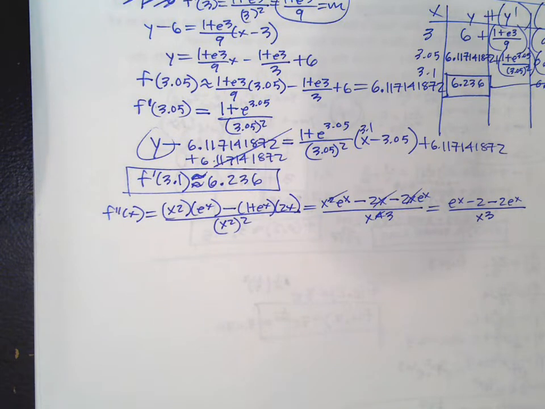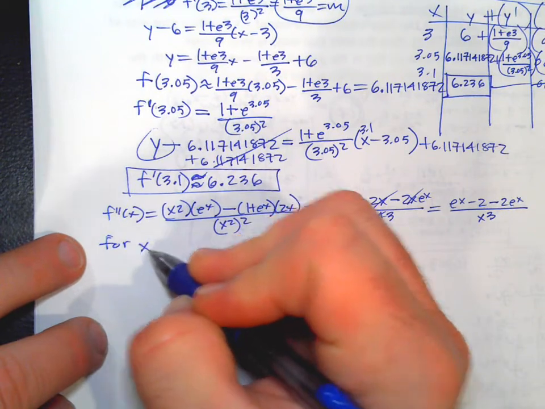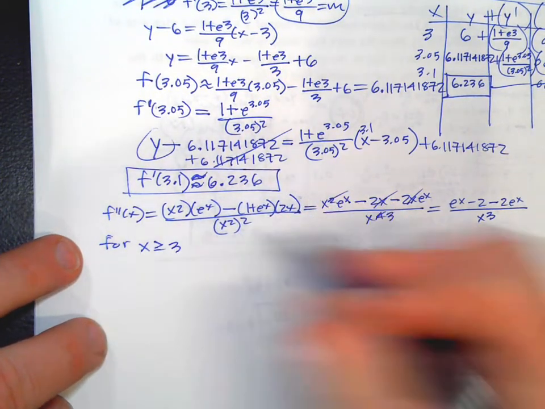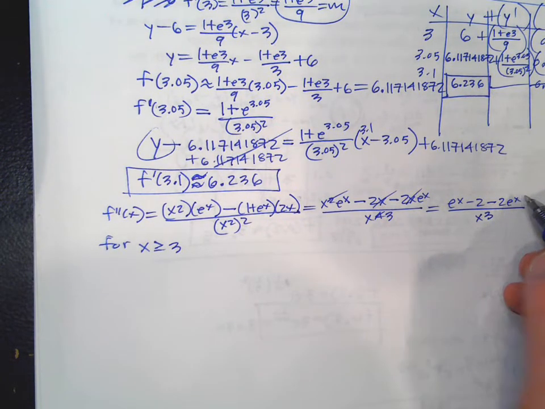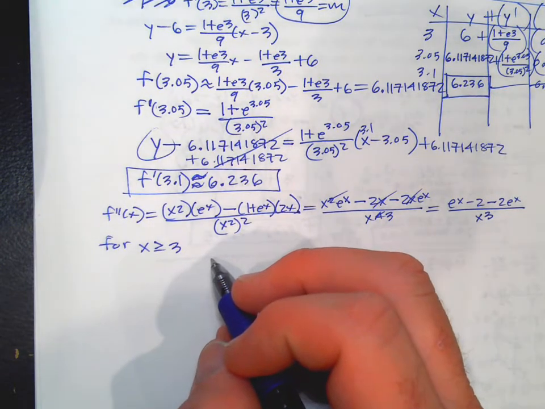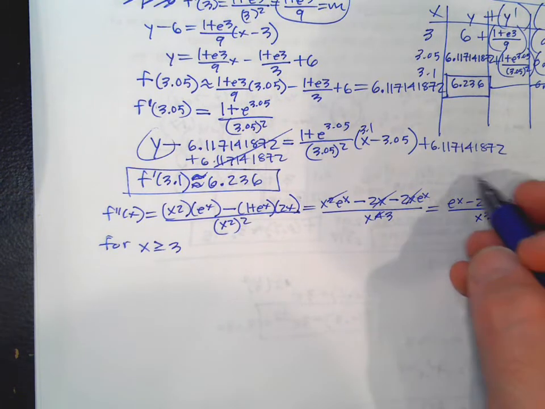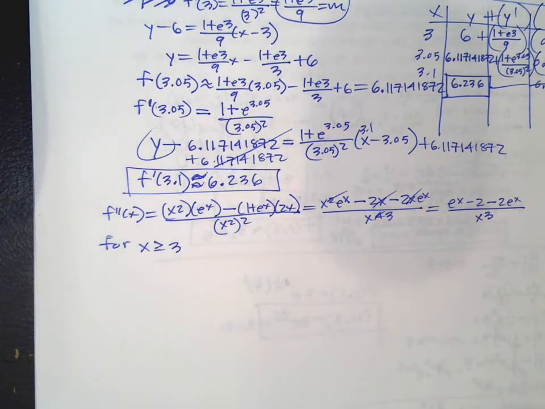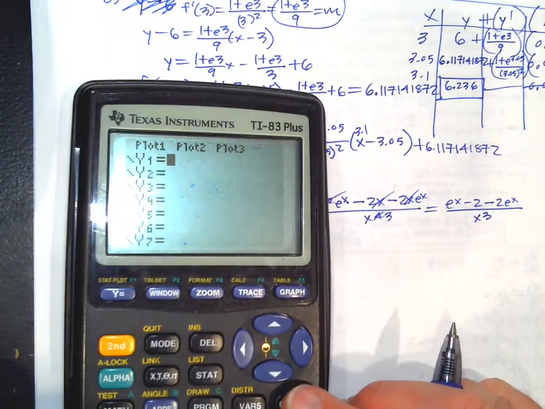What we need to realize is, and this is the hard part, for x greater than or equal to 3, what's going to happen here? Maybe we could graph this and see what happens. Let's see.